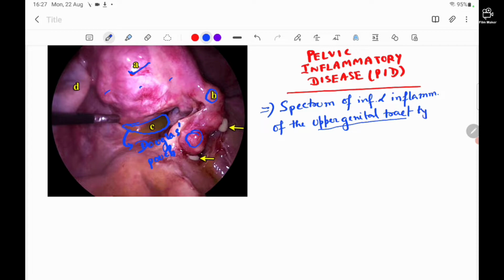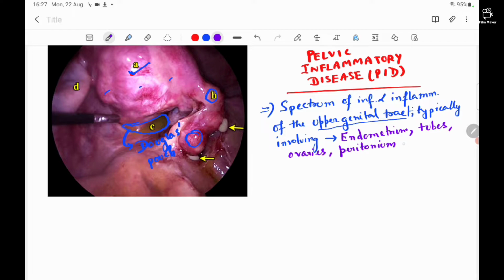Typically involving the endometrium, the fallopian tubes, the ovaries, peritoneum, and at times pelvis, peritoneum or pelvis, and parametrium as well.